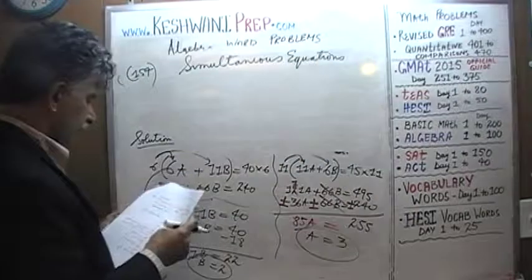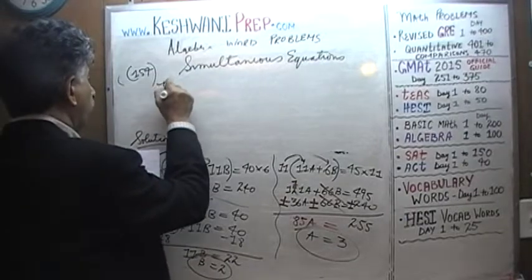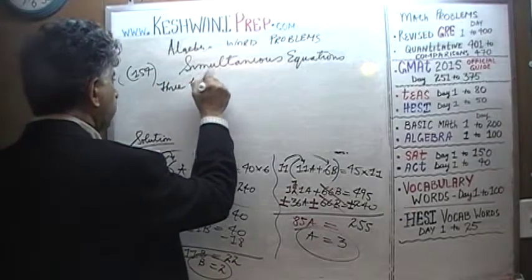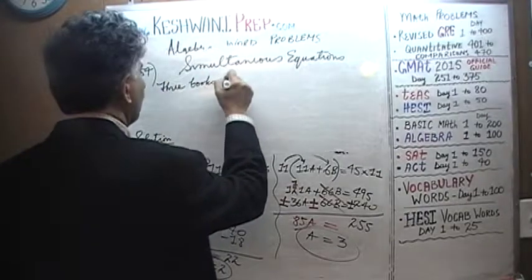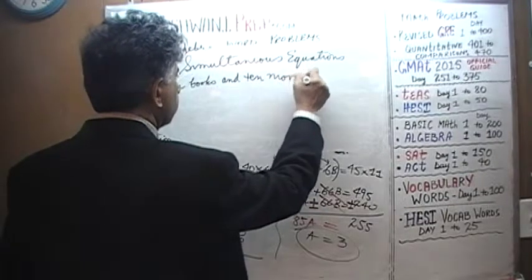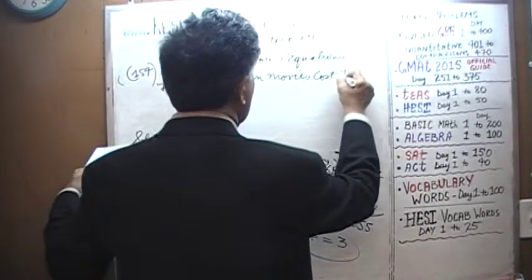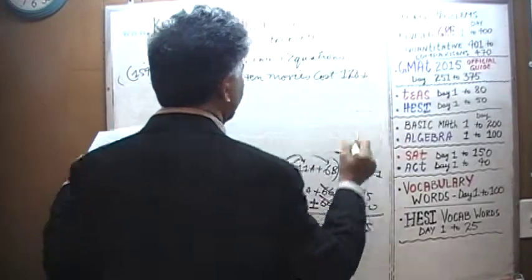That's what they're called. The next problem tells us that 3 books and 10 movies cost $128.